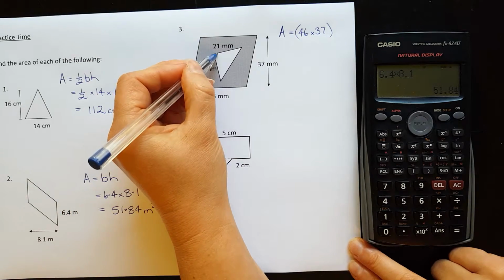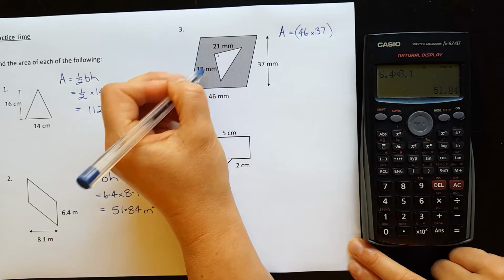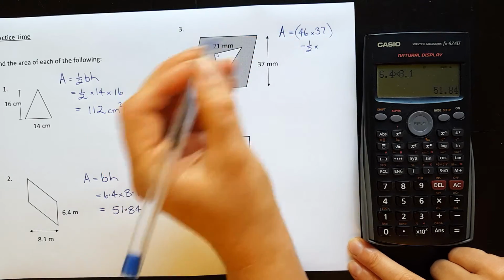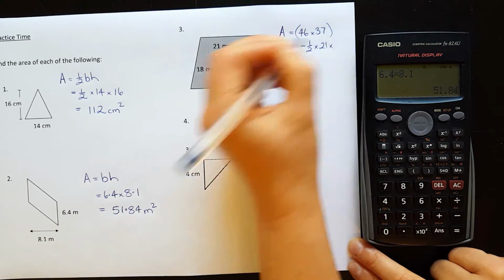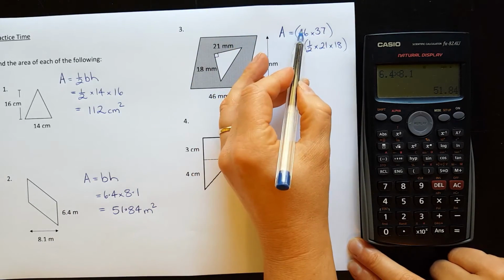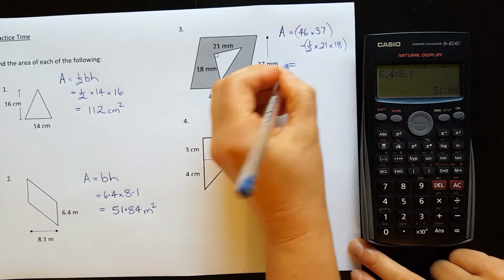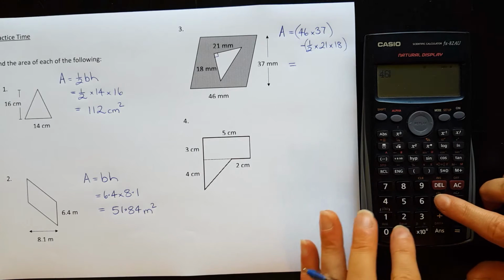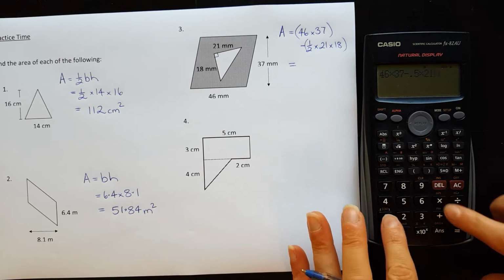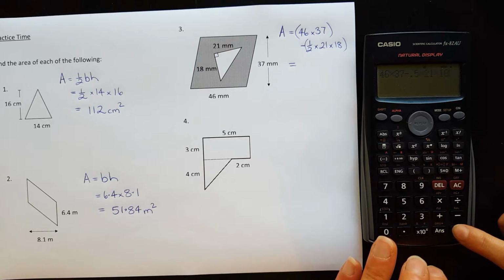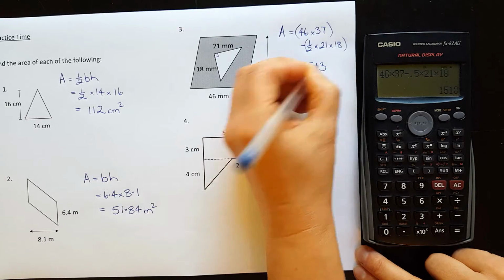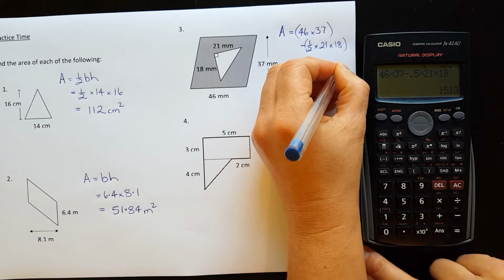Now this would have to be the right angle here, the base and the height. So half the base is 21, the height is 18. So the parallelogram minus the triangle, minus 0.5 times 21 times 18, gives us 1,513 millimeters squared.